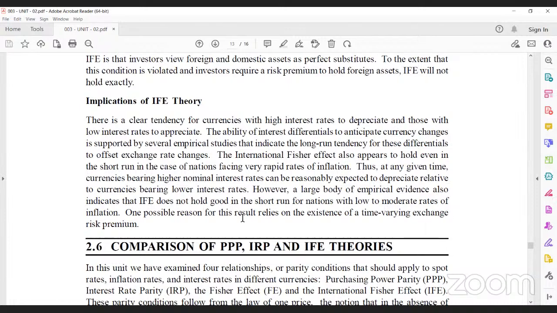Thus, at any given time, currencies bearing higher nominal interest rates can reasonably be expected to depreciate relative to currencies bearing lower interest rates. One possible reason for this result is the existence of a time-varying exchange risk premium.